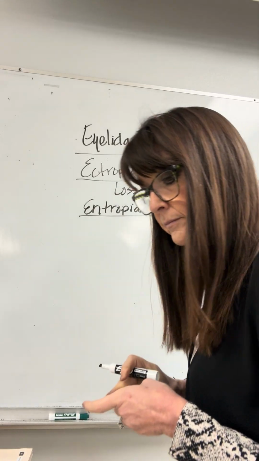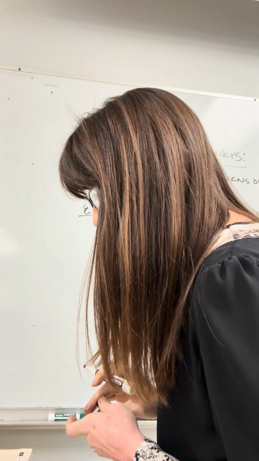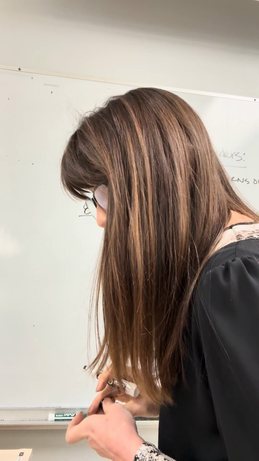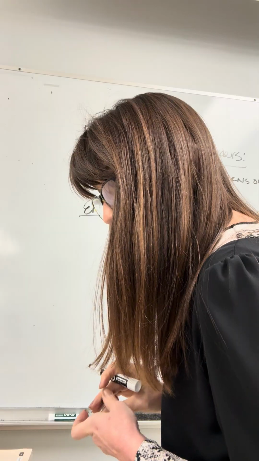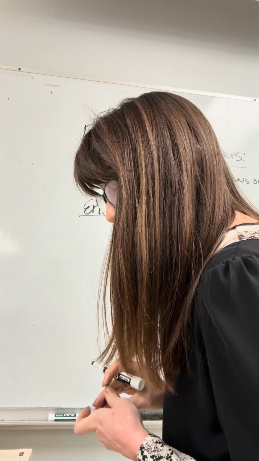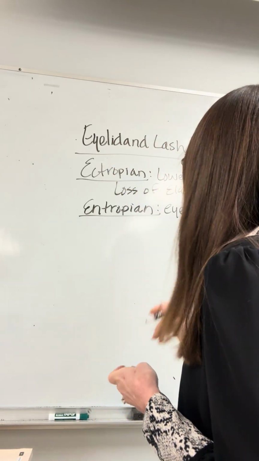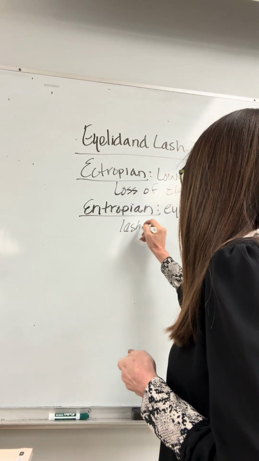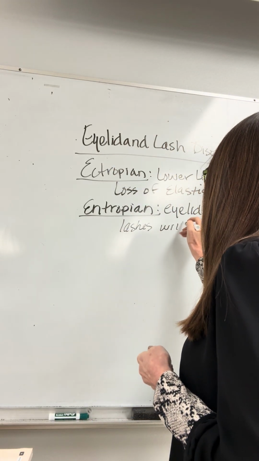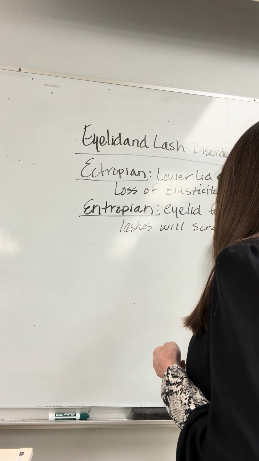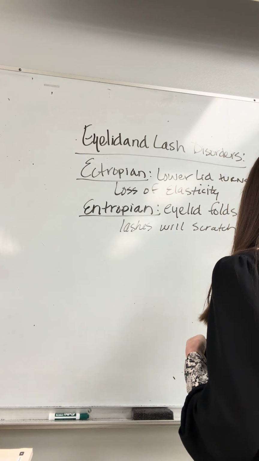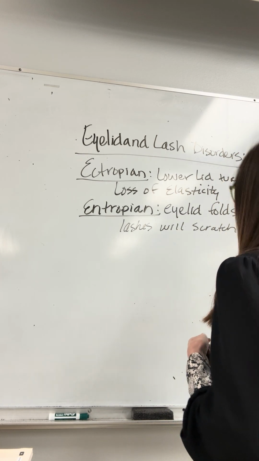Upper lid normally? Upper and lower, really, which can scratch the cornea, involves loss of elasticity of the eyelid tissue, and also requires surgery to correct. So the lashes will scratch the cornea, okay?